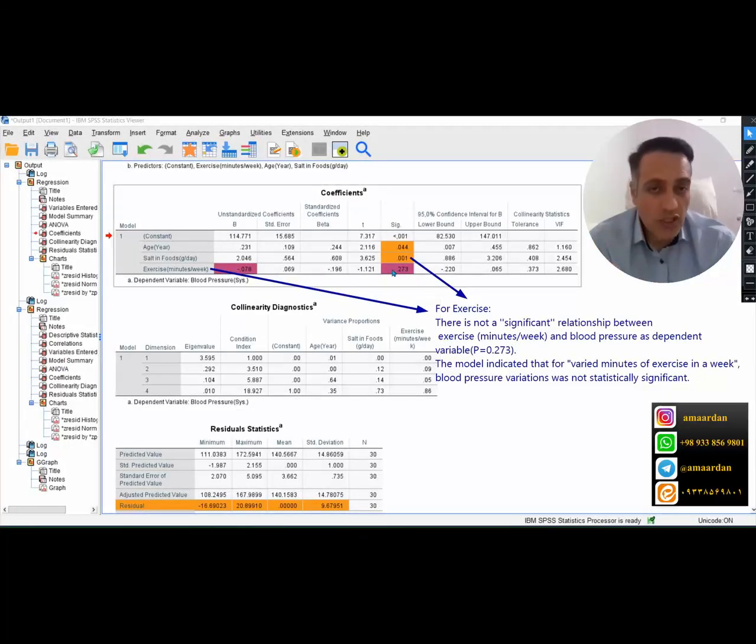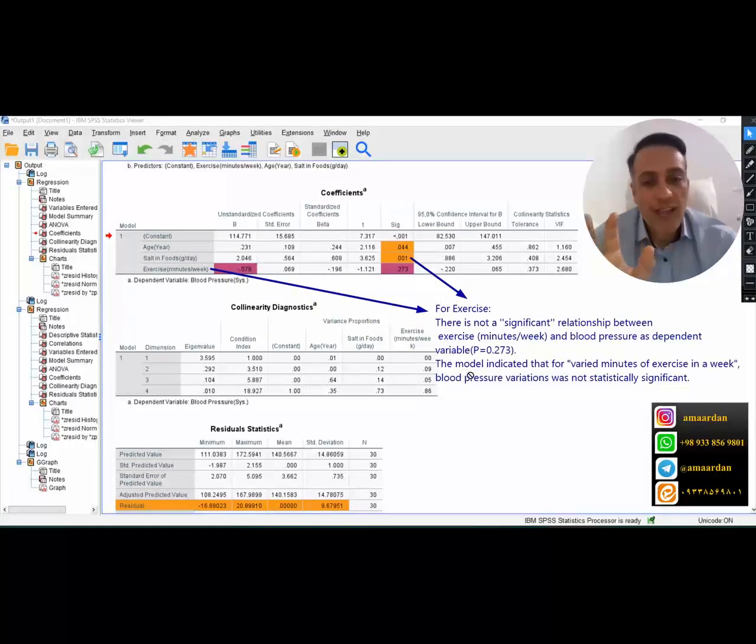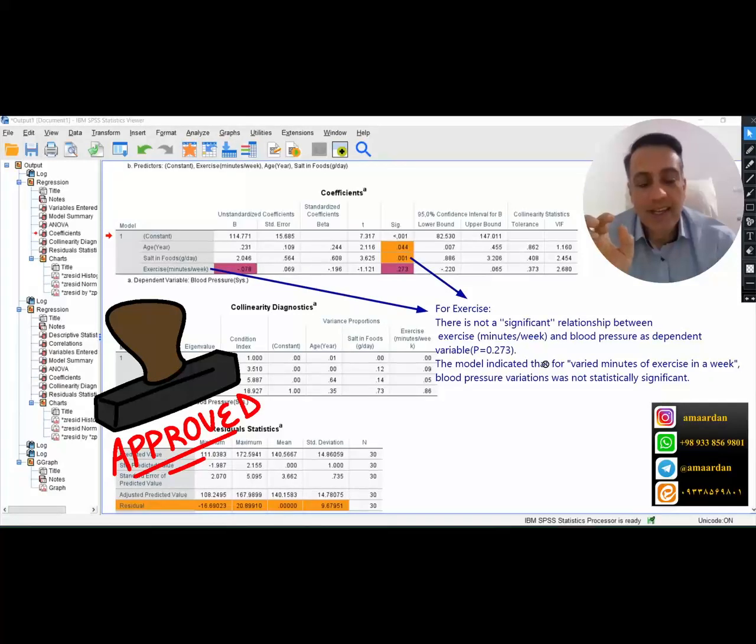Because Sig is greater than 5%, equal to 0.273, and the coefficient of exercise is equal to minus 0.078, but not significant. Then we write that the model indicated that for varied minutes of exercise in a week, blood pressure variation was not statistically significant.